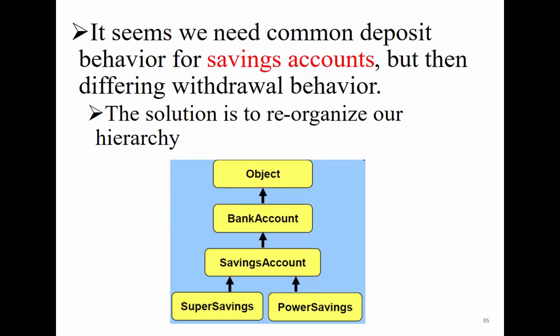Okay. Someone says, let me just revise the hierarchy. I will have what I call a saving account, but I will have a super saving account and a power saving account. I will go to the bank and propose this idea to them. Okay, we will still have the bank account, and then we have a saving account, but we created two things now. We have a super saving account and a power saving account.